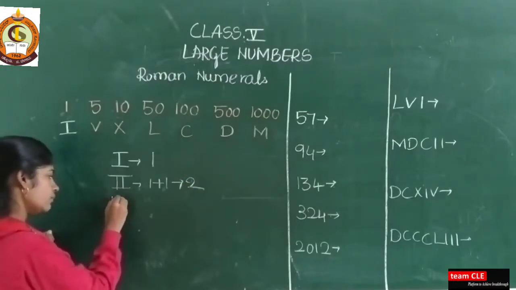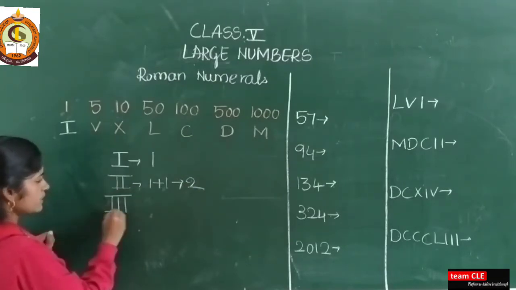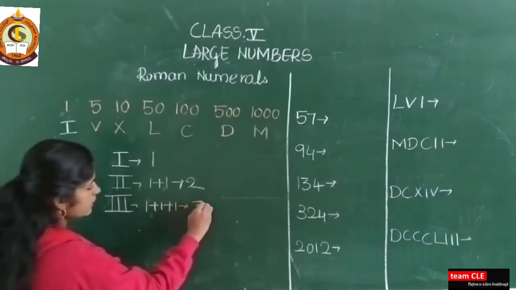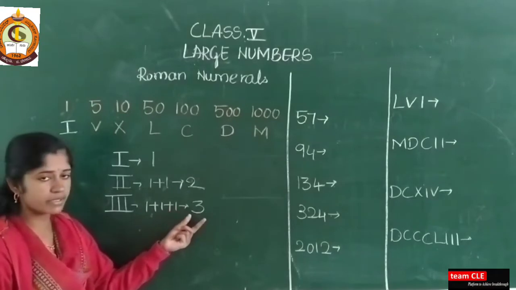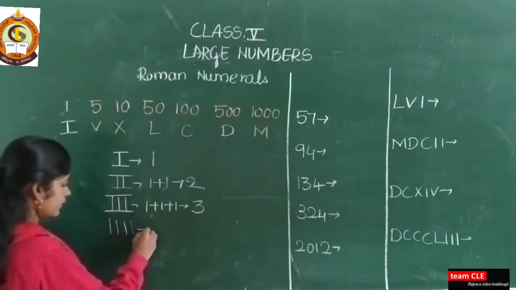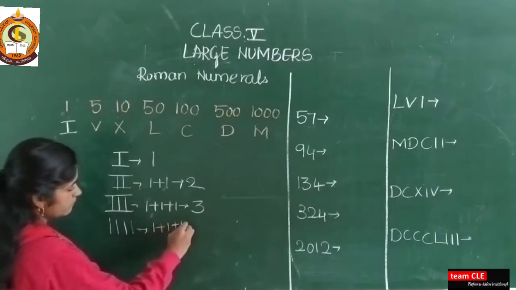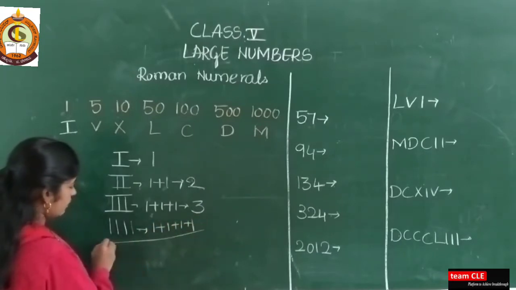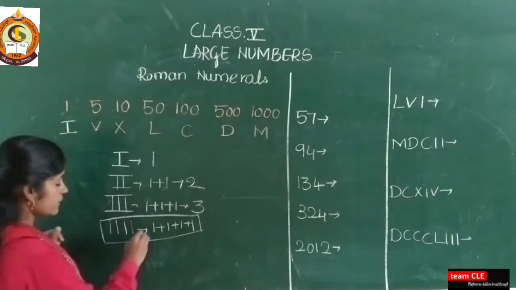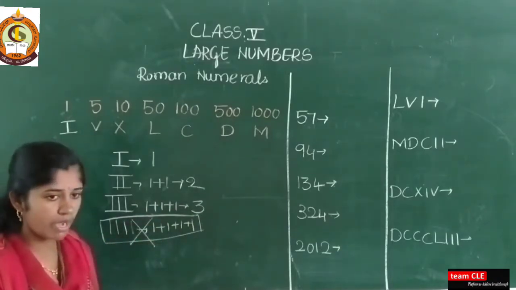Next 1, 1, 1. So how much is it? 1 plus 1 plus 1 is 3. And here 1, 1, 1, 1. If you are writing like this, it is completely wrong. Why?